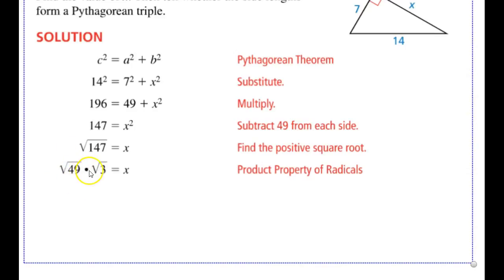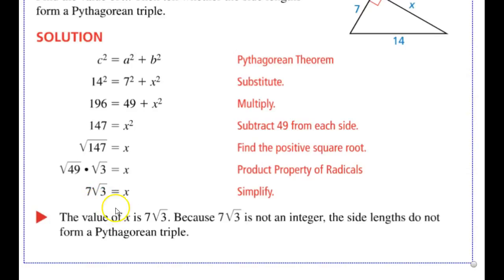So I have the square root of 49 times the square root of 3, and I end up with 7 times the square root of 3. This is as simplified as I can get because 3 cannot be broken down any further. So my value of x is 7 square root of 3. Because that is not an integer, these side lengths don't form a Pythagorean triple. They still form a right triangle, but it's not one of our special Pythagorean triples.